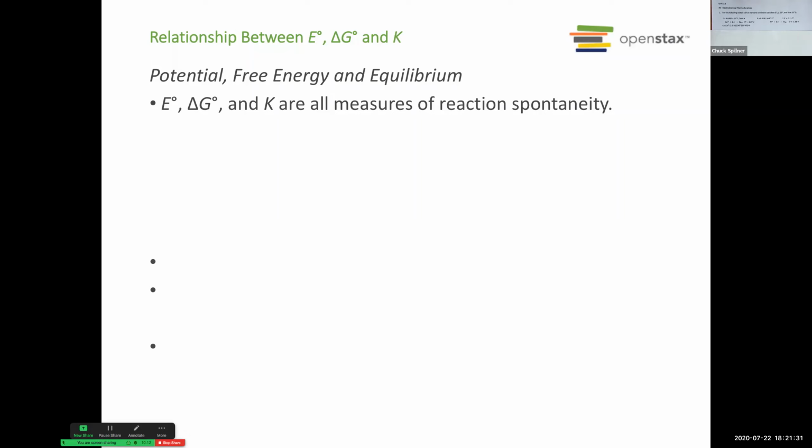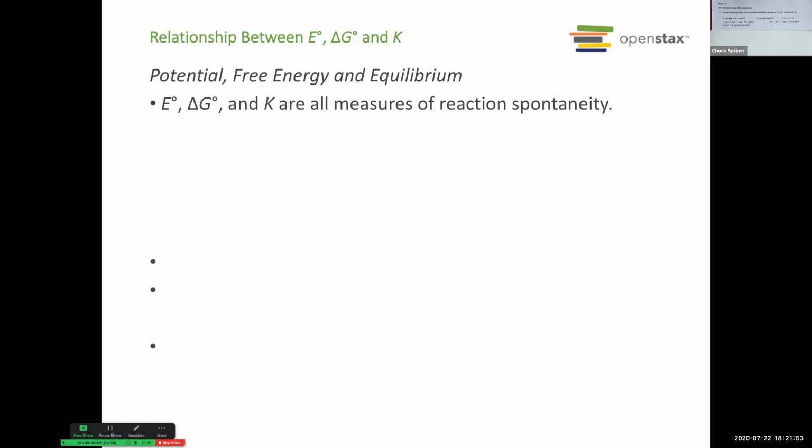If free energy is negative, that also indicates the reaction is going to be spontaneous. And previous to that, we said if we know what the equilibrium constant is, if it's greater than 1, that means the reaction is going to shift towards product. So that means it's going to be spontaneous. And the converse is true.